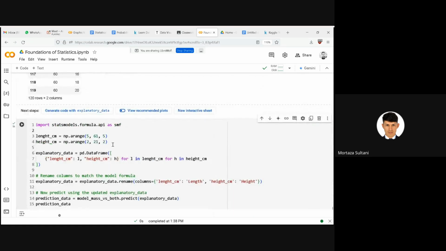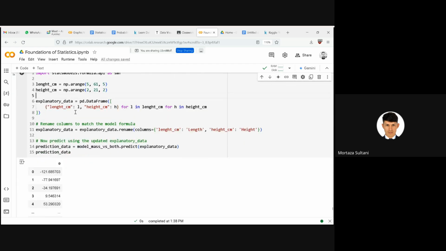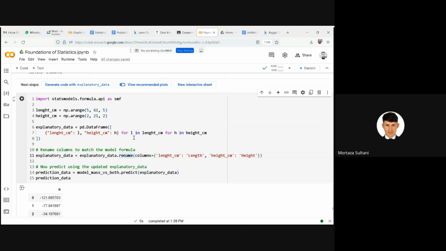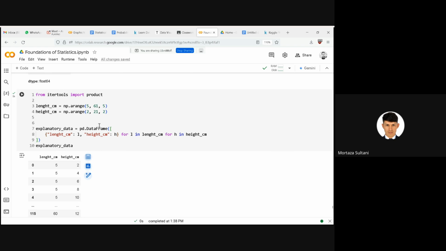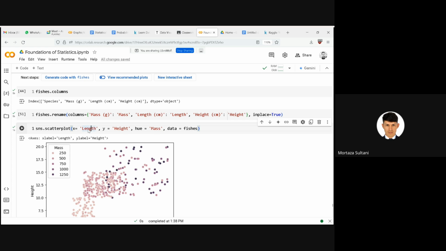So what is the difference in what we are doing? This is the length we generated, and this is the height we generated. This is the explanatory data. The columns that we have generated should be renamed back like the original data set. We forgot that one.